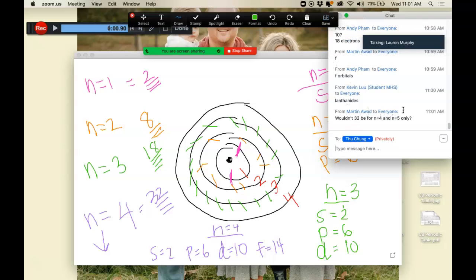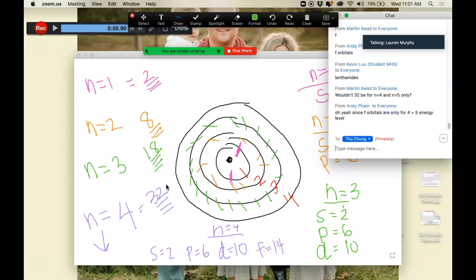32 would be for 4 and 5, and that's only because we don't have elements past the 5f. But really, they can be empty, which means you could put more in if you wanted to. So yes, we don't have them filled in, but they can still be empty to put extra electrons into.